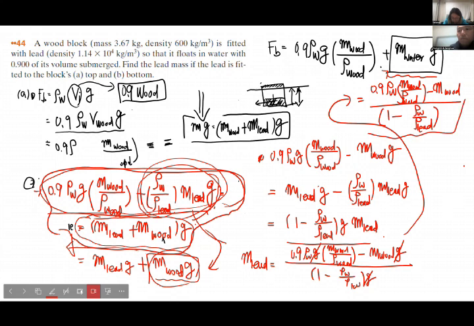Okay? Now, next step, you plug the numbers into this formula. As you know, for this numerator you don't have to actually do the math, because you already calculated the numerator, right? The only difference is the denominator.